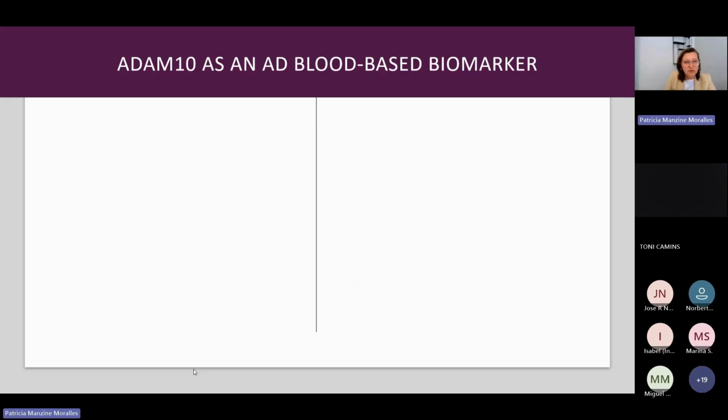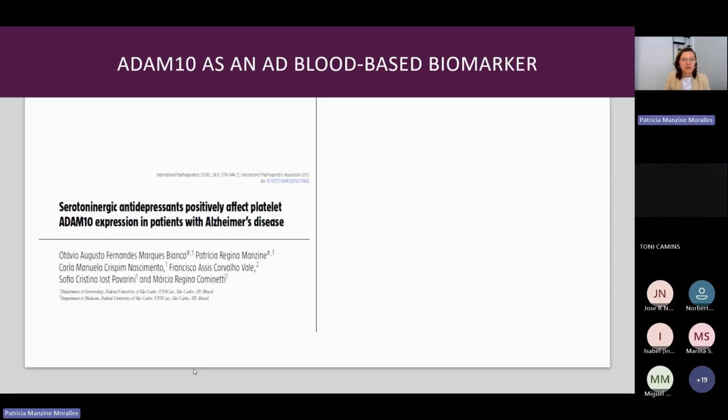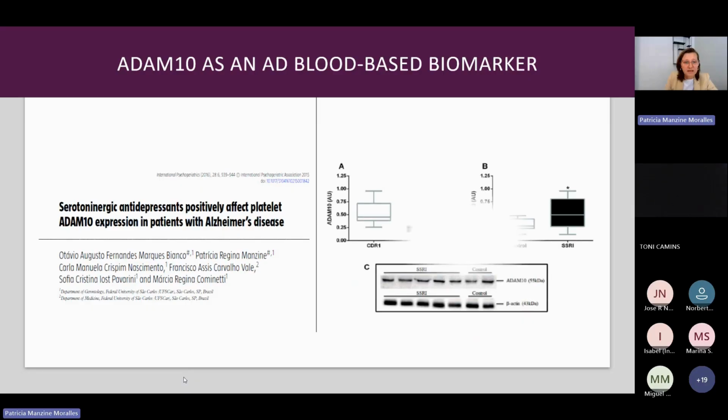Just as we saw that different conditions and proteins can regulate ADAM10, we found that its levels are reduced with disease progression, and that its levels are increased in people who use serotoninergic antidepressants, compared to people with Alzheimer's disease who do not use this medication.